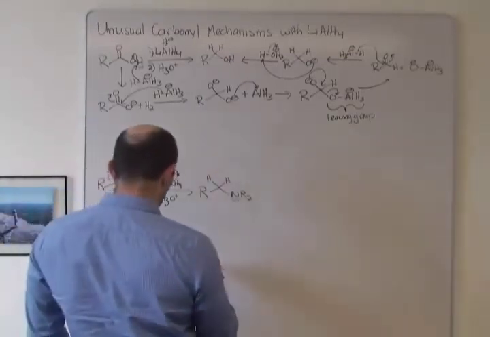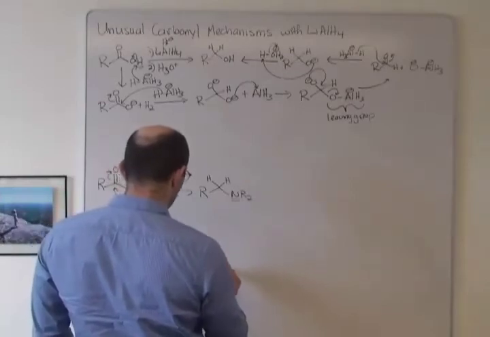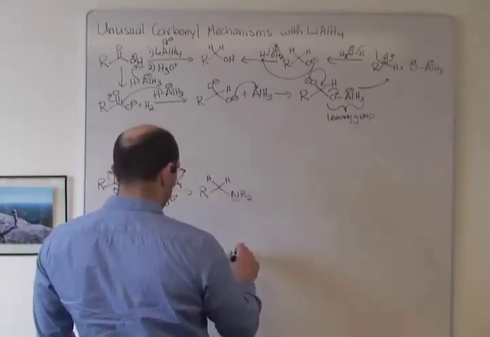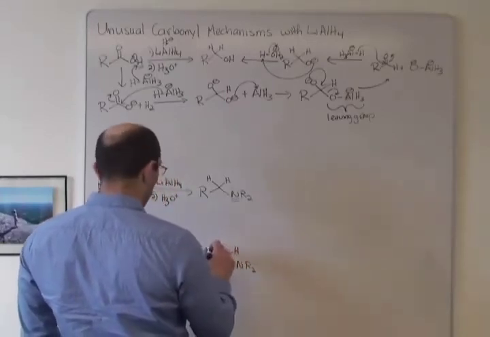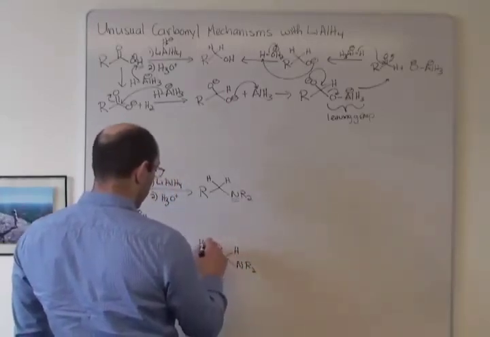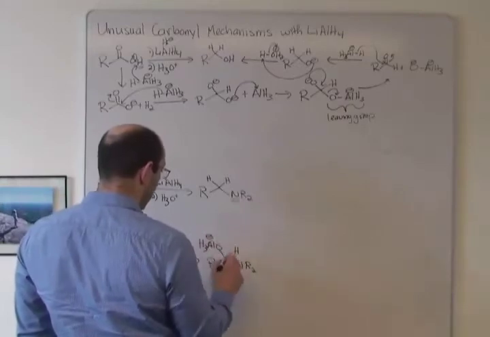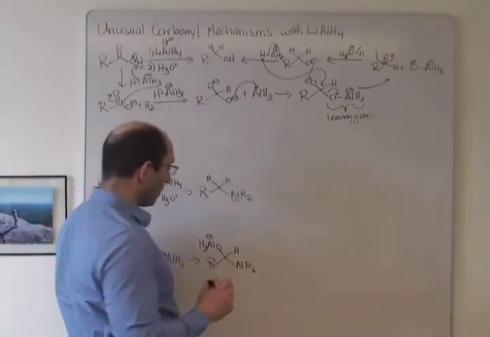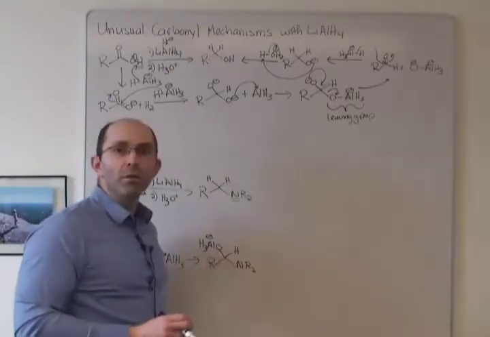Right, so we're going to get to that tetrahedral intermediate. And now the interesting thing is you have essentially 2 leaving groups, right?